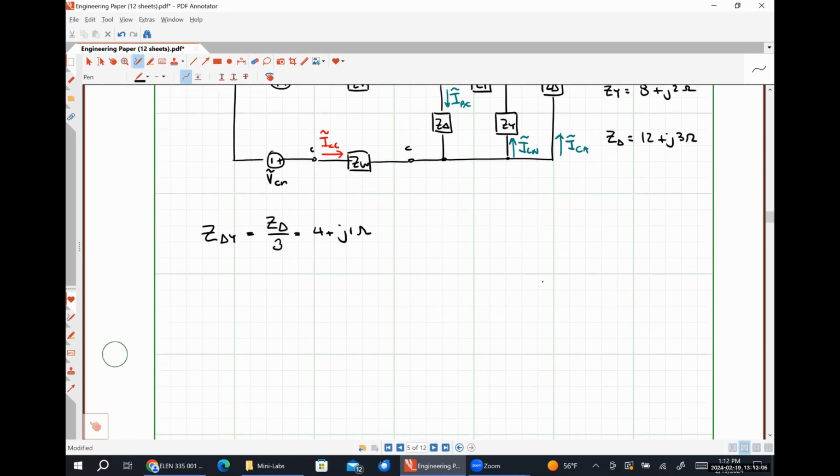So from here, our single phase equivalent circuit is going to look something like this. So here's 120 angle 20 degrees volts RMS, lowercase a, lowercase n.